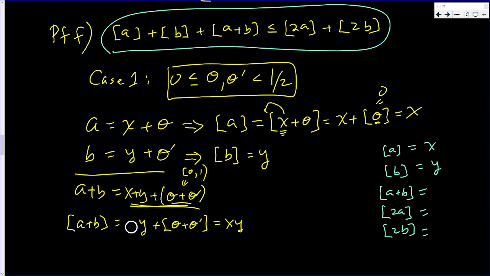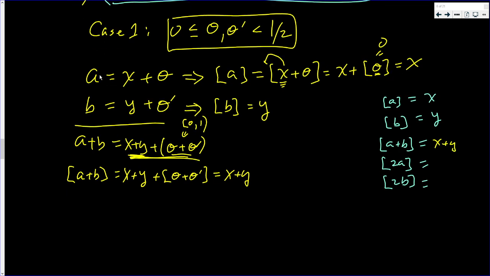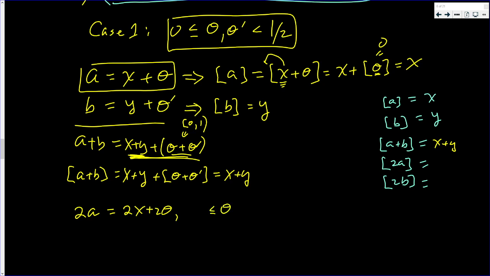And I do have a typo. It should be x plus y, just like it was directly above. X plus y. Okay, so x plus y. So now let's talk about 2a. If a is equal to this, 2a will equal 2x plus 2 theta. Well, if theta is in between 0 and a half, multiplying all three sides by 2, you get that 2 theta is in between 0 and 1.